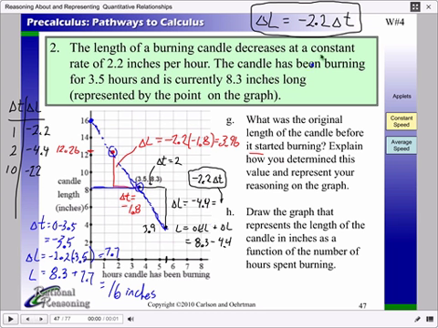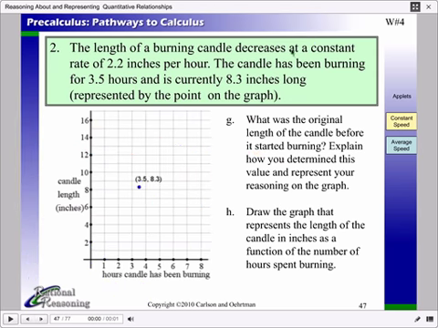Okay, so we've got the equation for changes in L and changes in time. What if we want the equation of length and time like we did before with the driving on the highway with Sarah? So we want length equal in terms of time.